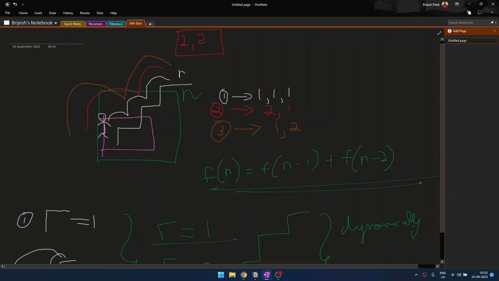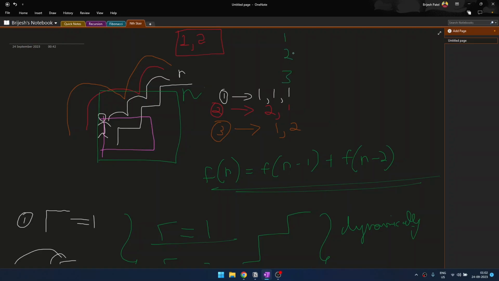So whenever we try to solve a recursive problem, the most basic thing that we should identify is the base case or the exit statement, as I've explained in the previous video. There are three important things in any recursive function. The first one would be the exit scenario or the base case.